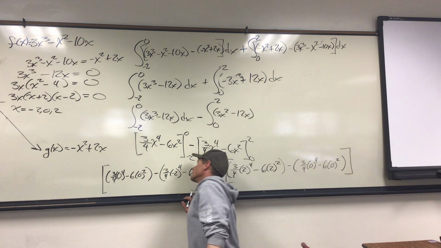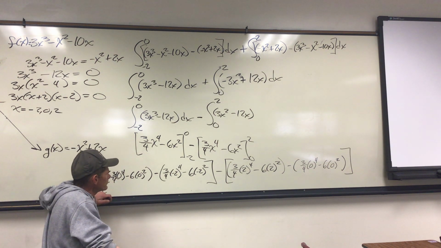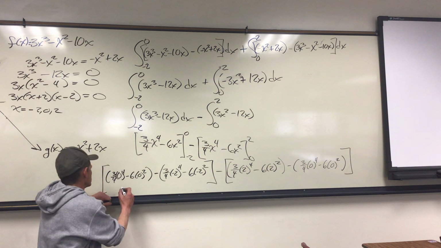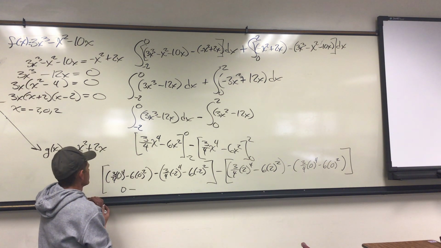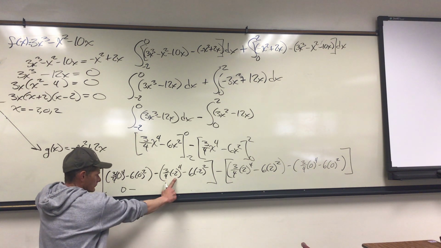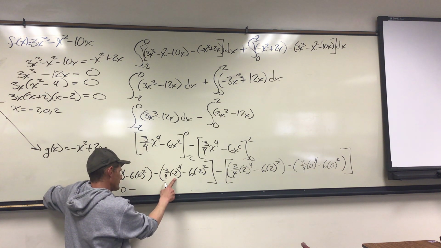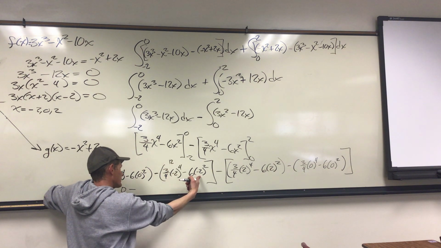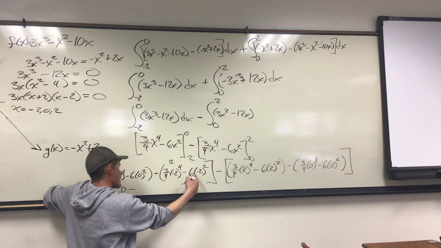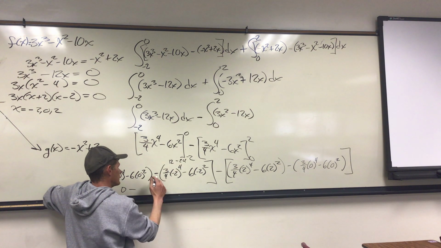Okay. Whew. Zero minus 2 to the 4th is 16. 3/4 of 16 is 12. This is 4/24. So this is minus 12.